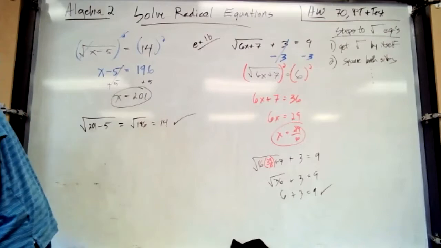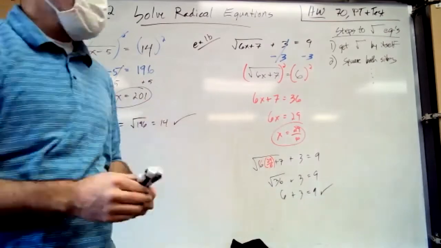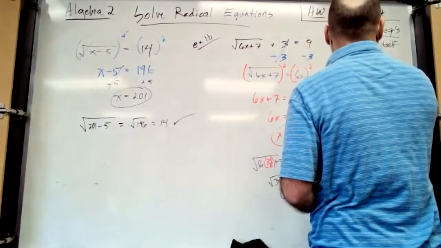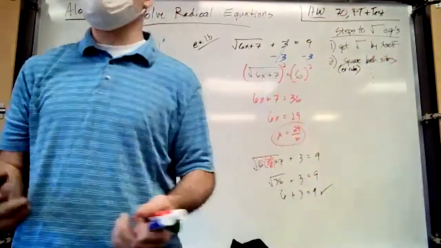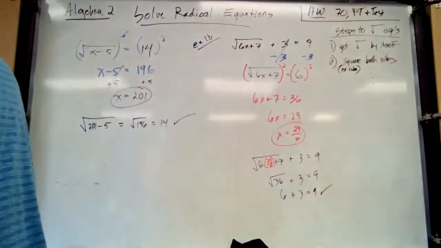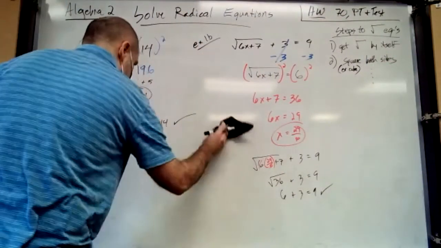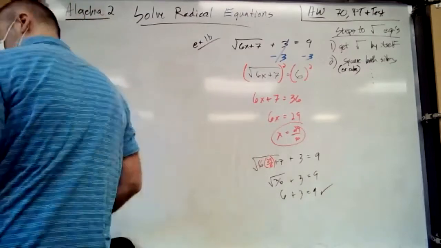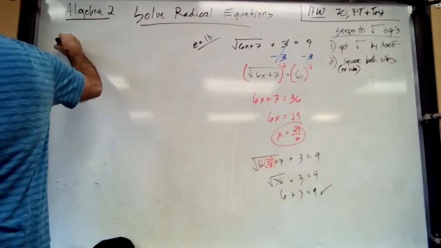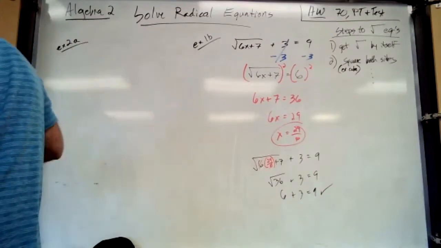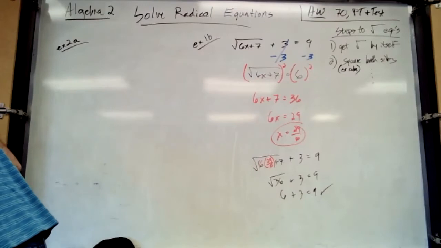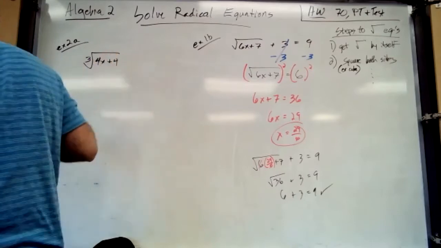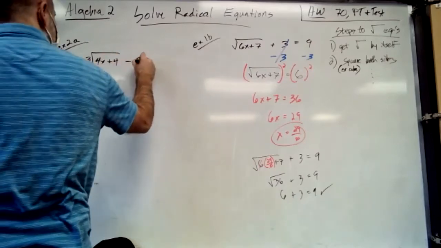This is just square root radicals. But the same rules apply if they're cubic radicals or anything like that. So let's do one like that. Here's example 2a: cube root of 4x plus 4 minus 6 equals 0.